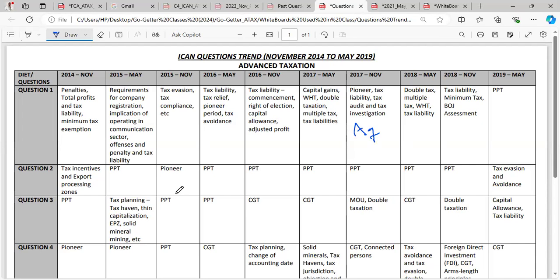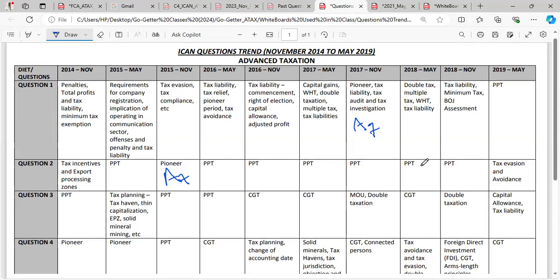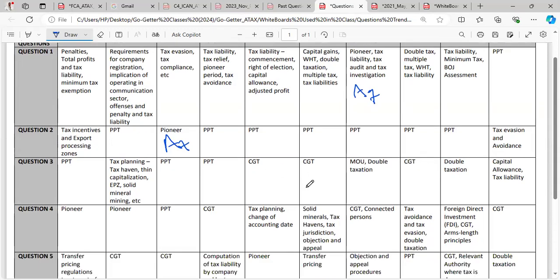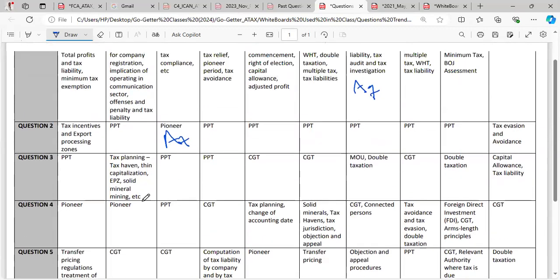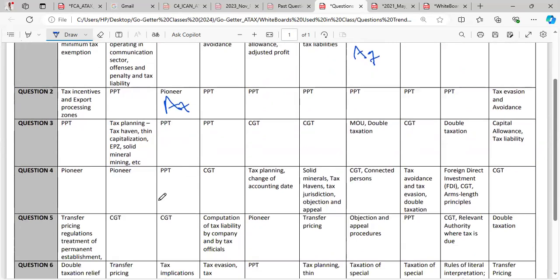We also have November 2015 question 2. Let's see. We have May 2015 question 4.